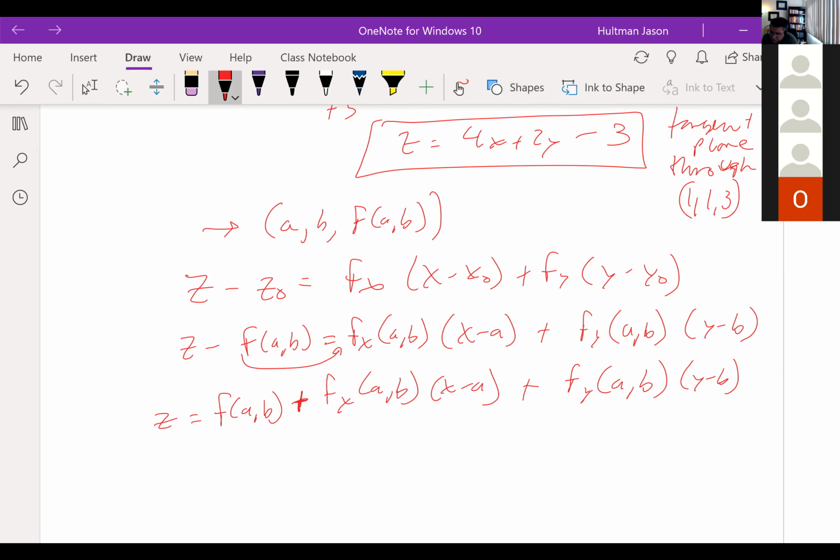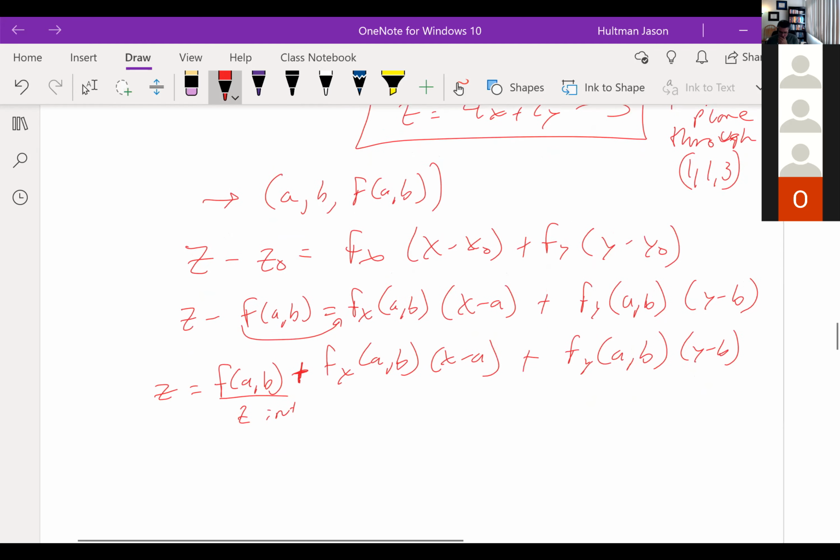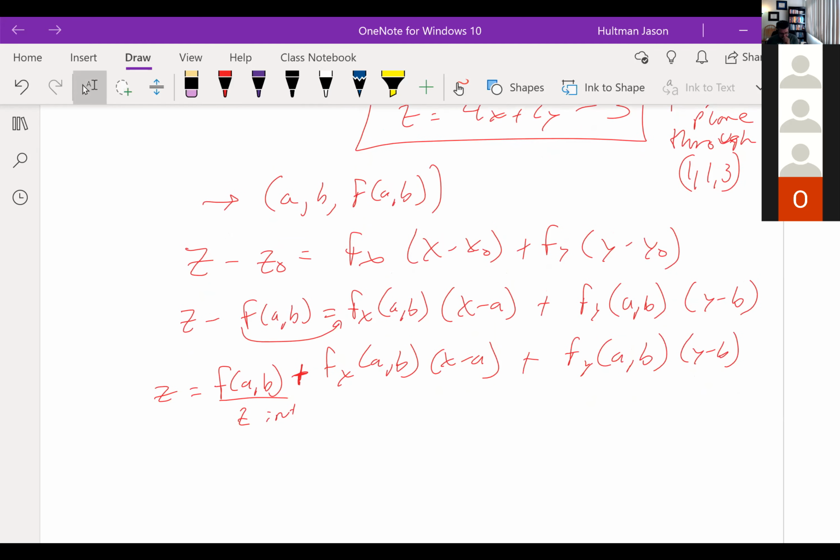Think of that as your z-intercept. Because when a is 0 and when b is 0, then we get this f of a, b. That's kind of like your z-intercept. It's going to be where it crosses the z-axis.